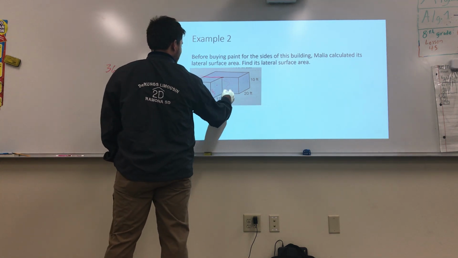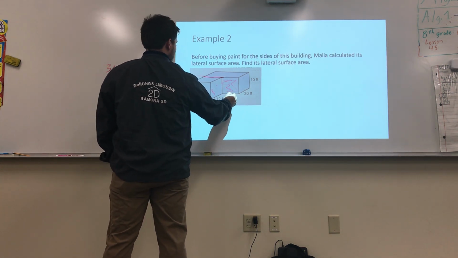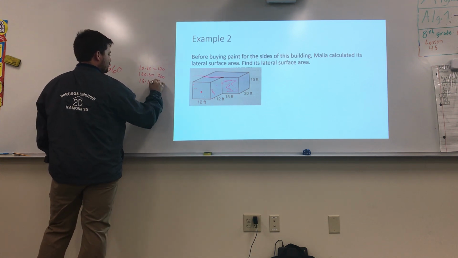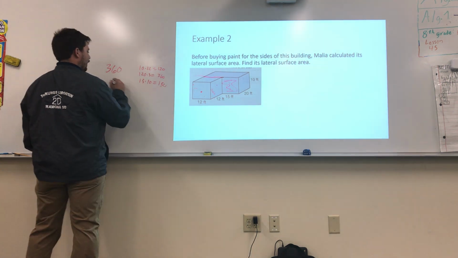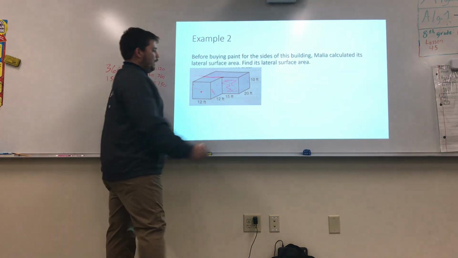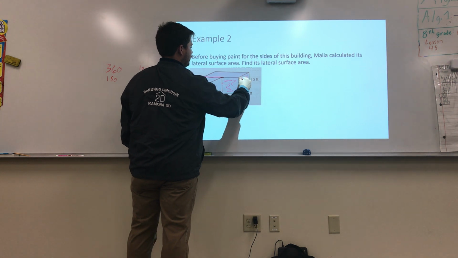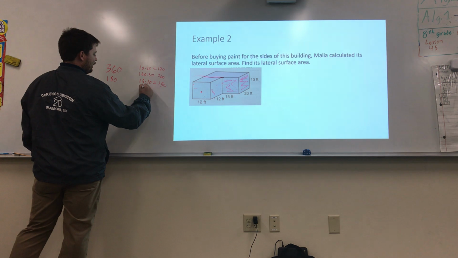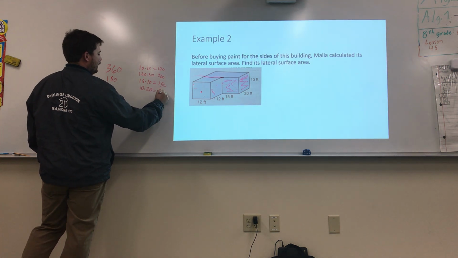Now I'm going to get the area of this front one right here. This one would be 15 by 10. 15 times 10 equals 150. There's only going to be one of those. Now I'm going to do this one up front here, which is going to be 10 by 20. 10 times 20 equals 200.